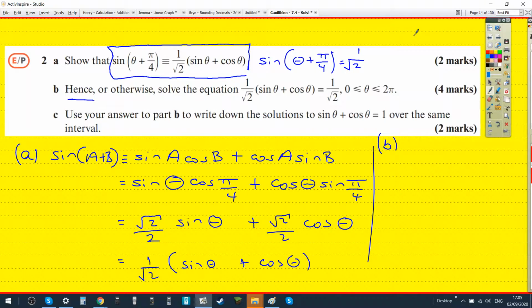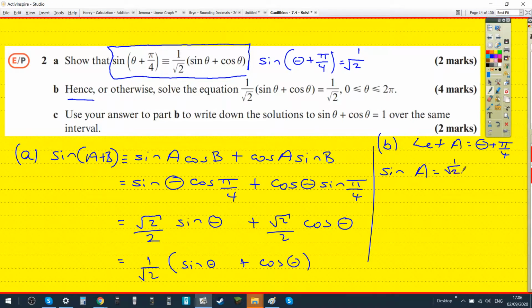Okay, so first, would we do let a equal theta plus pi over 4, and then we will have sine a equals 1 over root 2.